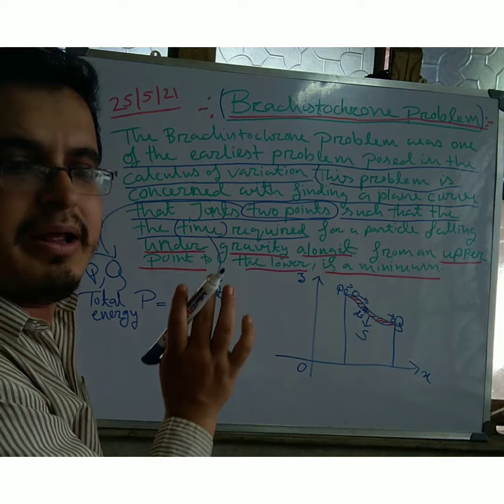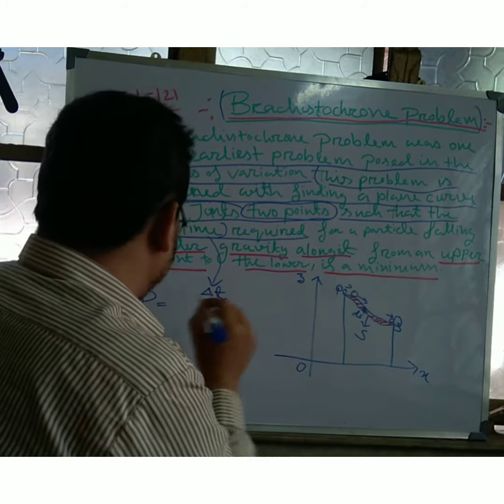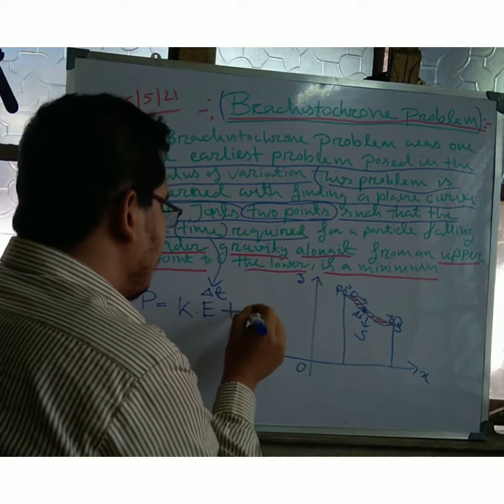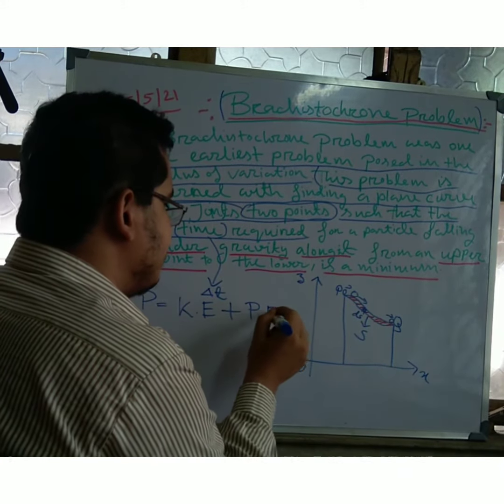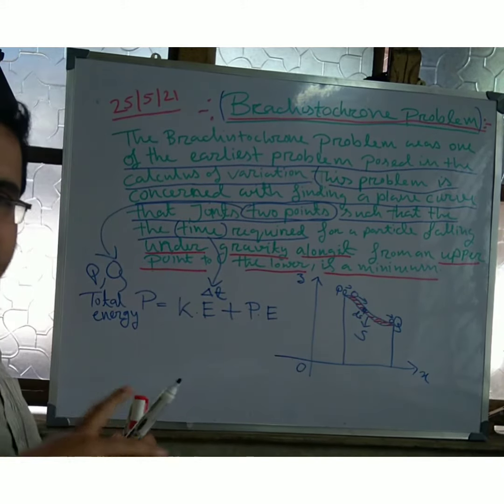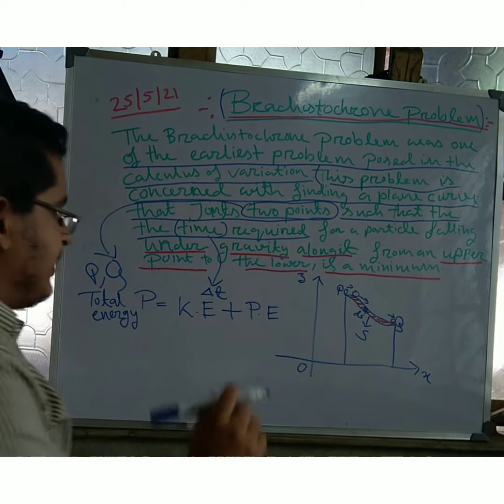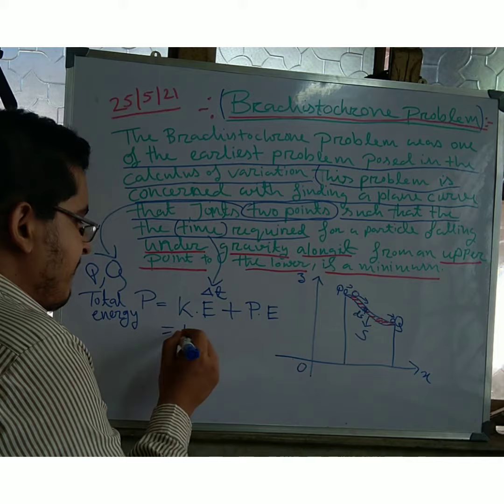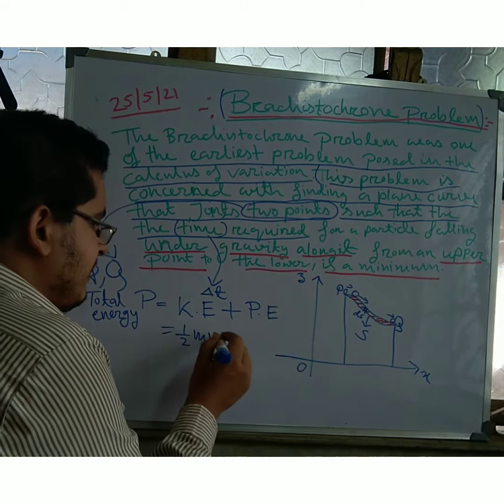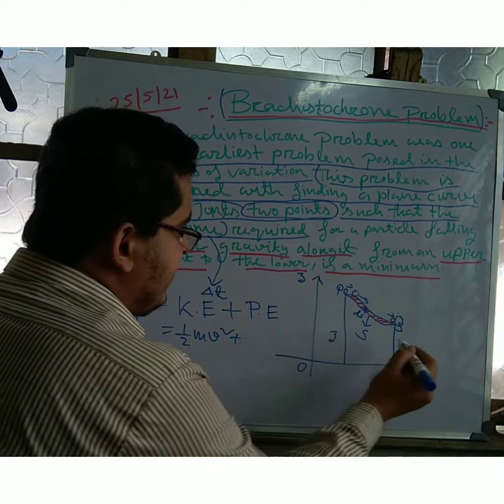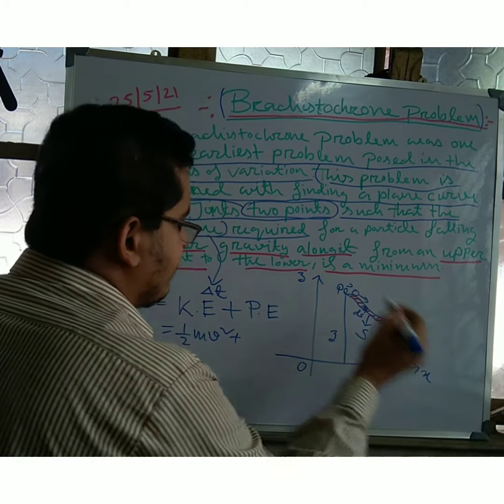Half m v square means kinetic energy. Total energy means kinetic energy plus potential energy. I hope it is clear, friends. Kinetic energy means half m v square, plus PE. PE, suppose it is at height Z, and suppose it is ZF at the final point.